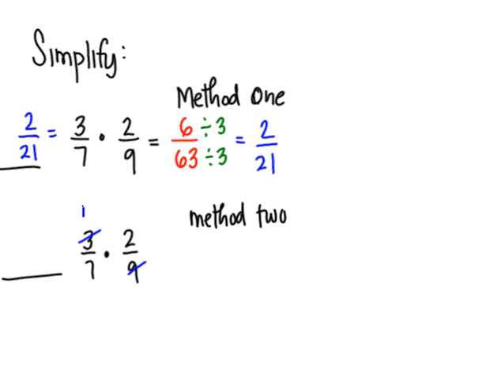So 3 goes into 3 one time, and 3 goes into 9 3 times. So I actually just reduced first. Now multiply what you have left. 1 times 2 would give me 2.